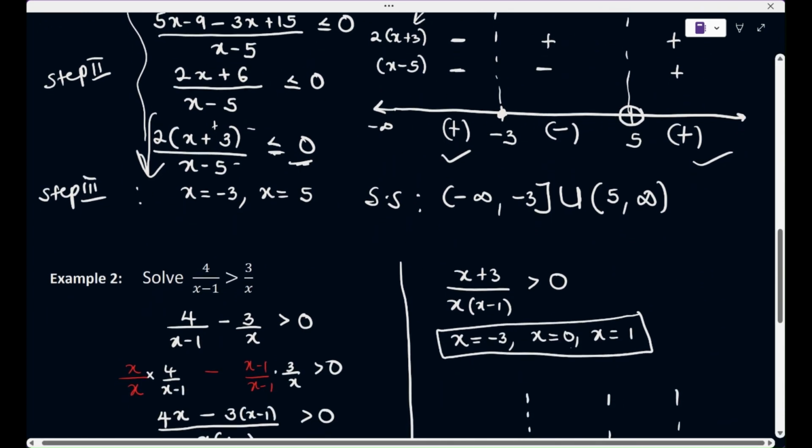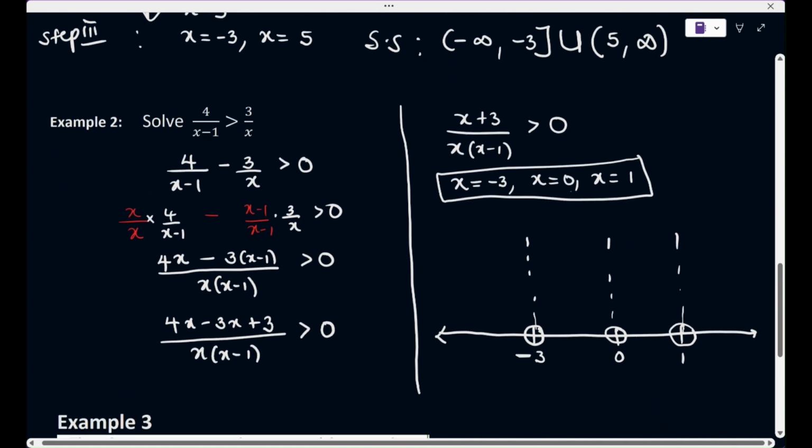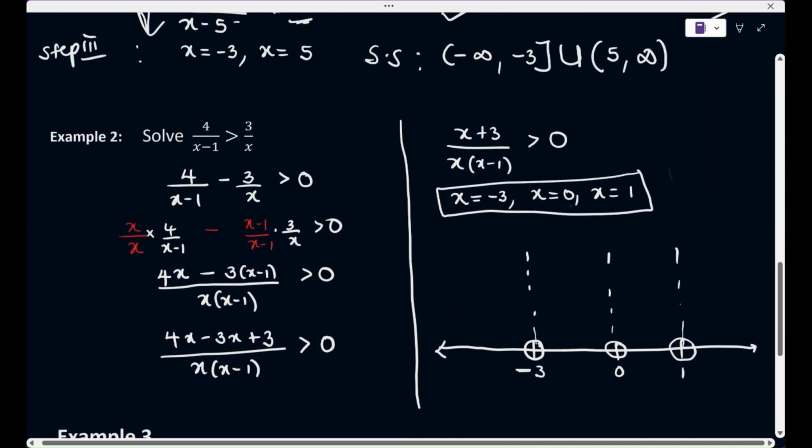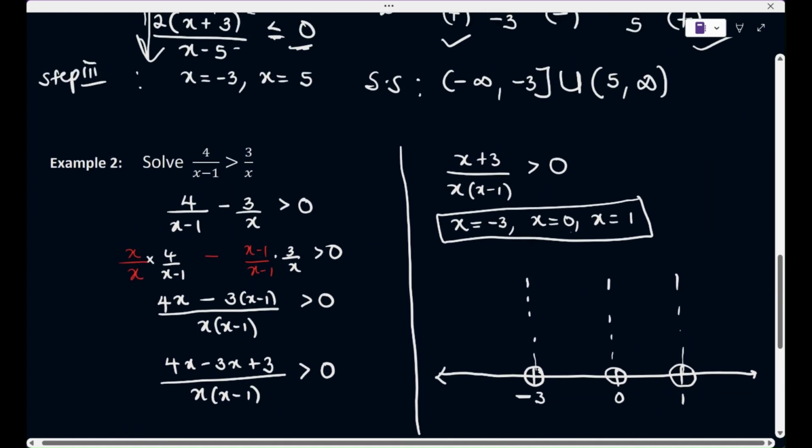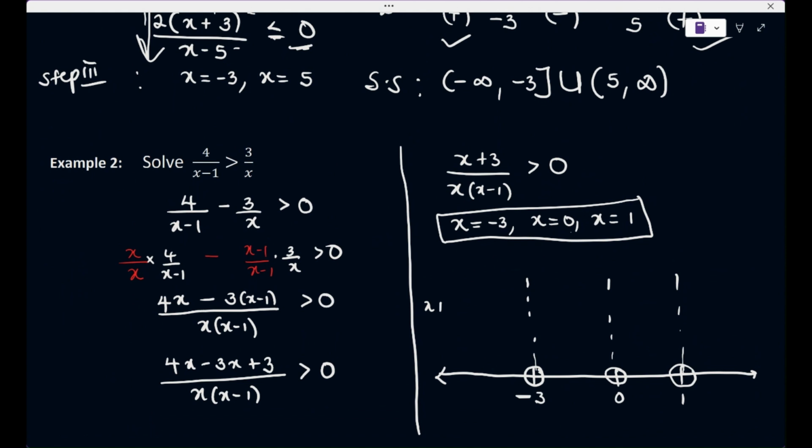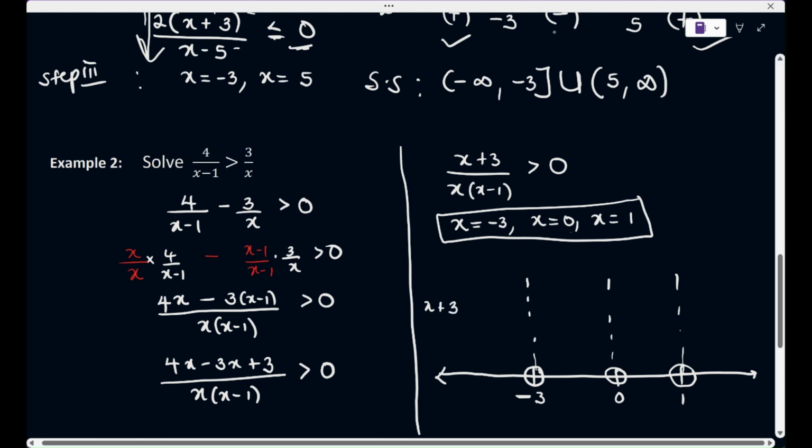But here, there is no equal to 0. So since there is no equal to 0, it means we need to open minus 3. Now let's put our factors, which are x plus 3. Then what? We can have x, then x minus 1. So these are the 3 factors.